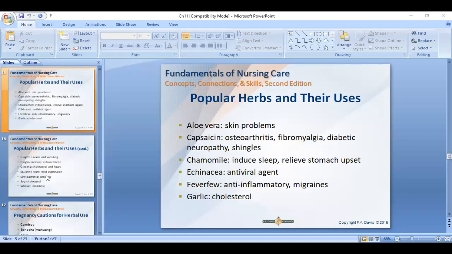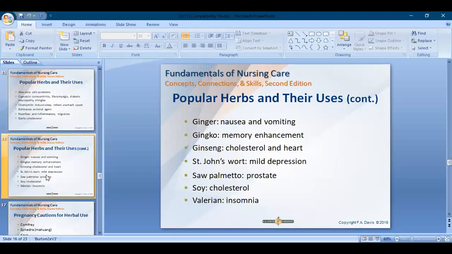And popular herbal centenarios like ginger, ginkgo, ginseng, St. John's wort, saw palmetto, soya, and valerian. Ginger is used for nausea and vomiting. Ginkgo is used for memory enhancement, meaning it helps to memorize things.